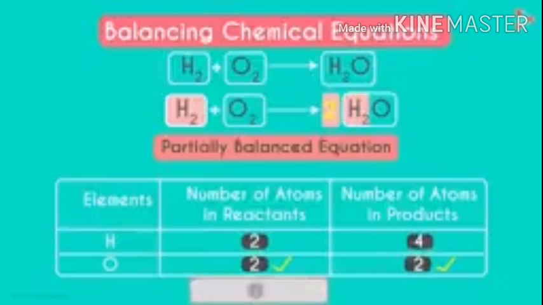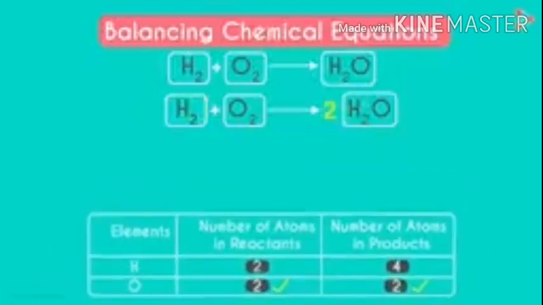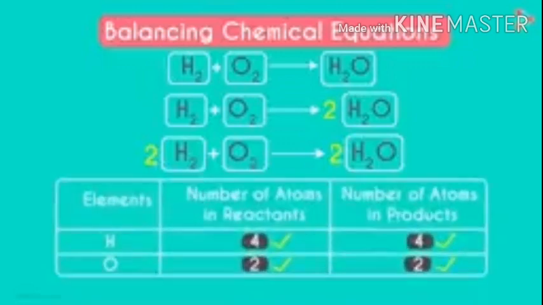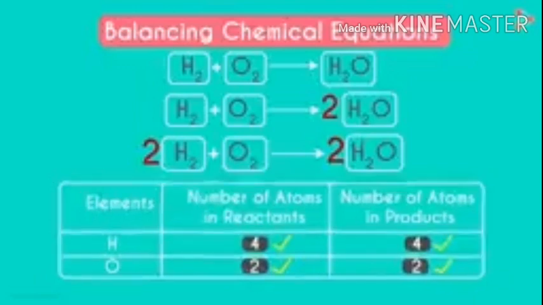Is the equation balanced now? Exactly. You can verify from the table that the number of atoms on the left hand side is equal to the right hand side, obeying the law of conservation of mass. We simply multiply the appropriate elements or compounds as necessary to balance each and every element. So when all elements are balanced, we say it is a balanced chemical equation.